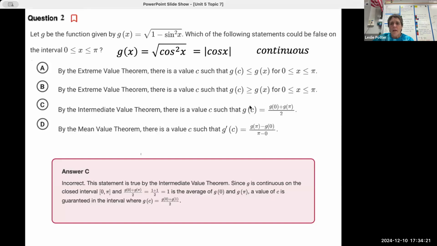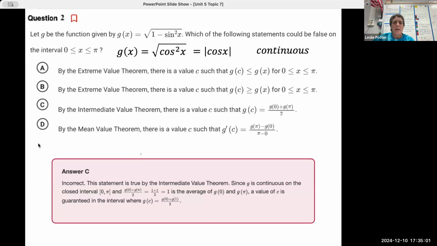And what they're proclaiming here is there's a function value that is the average of the endpoint values. If we take the endpoint values, which is 1 plus 1 over 2, that equals 1, is the average value of G of 0 and G of pi. A value of C is guaranteed in the interval where that is the case. And so we're guaranteed that value of 1. So this is a true statement. It's also an incorrect response.